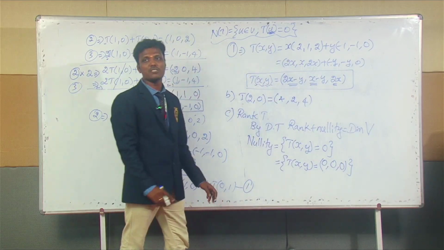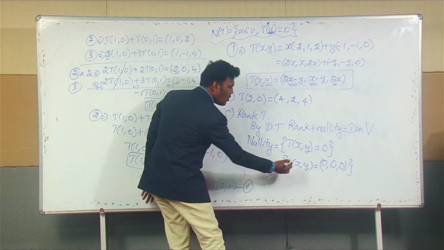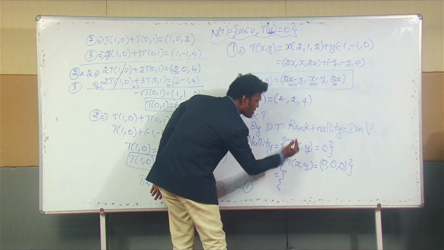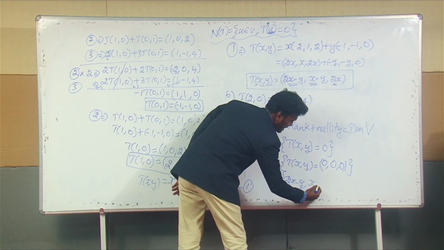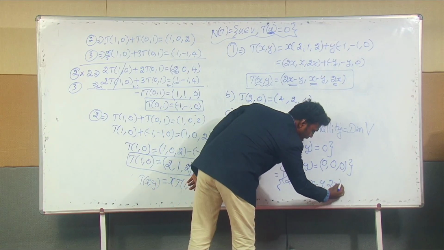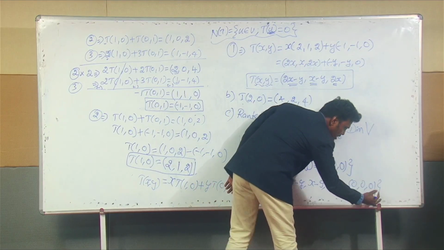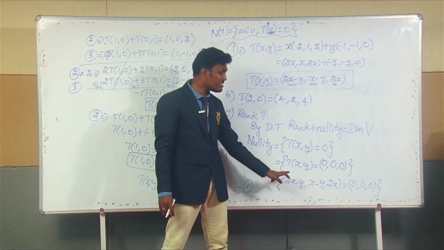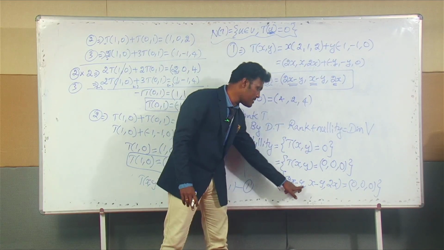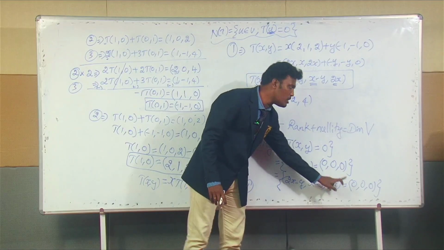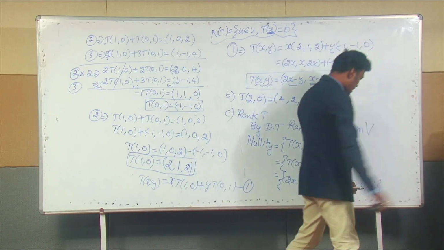This is the way, because the domain is R square and the codomain is R cube. Now, what is the expression of T of (x, y)? Already we found it: (2x minus y, x minus y, 2x), which should be equated to (0, 0, 0). Once again I repeat, we found T of (x, y) as (2x minus y, x minus y, 2x) equal to (0, 0, 0). So now the expression has both sides equal.